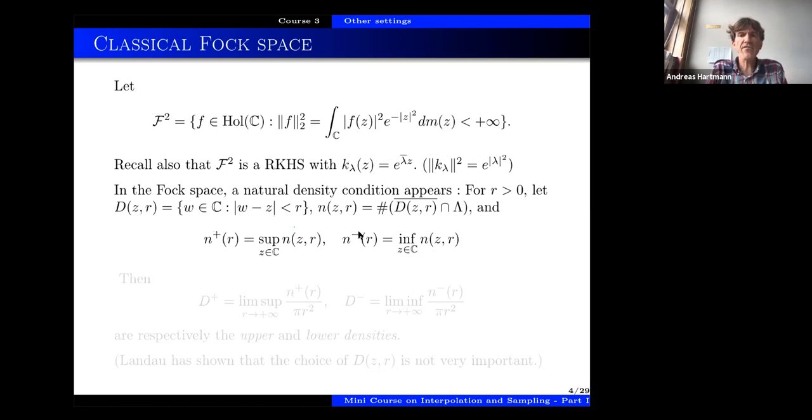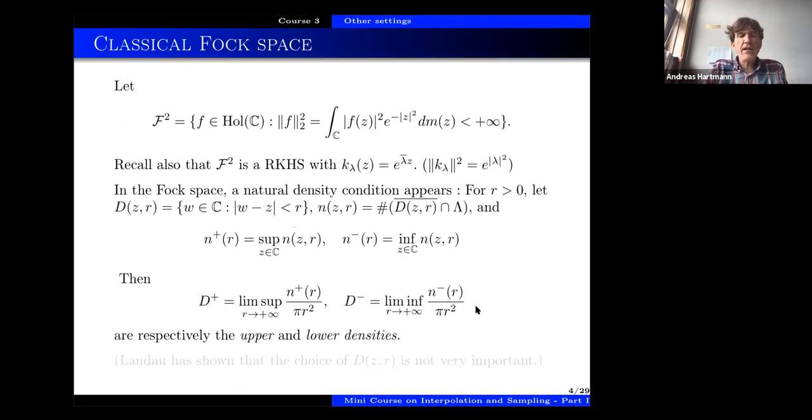This is n plus, and similarly you call n minus the minimal number of points that you can meet when you walk with your disk of radius r through the plane. Of course, n minus could be 0. This is a possibility.